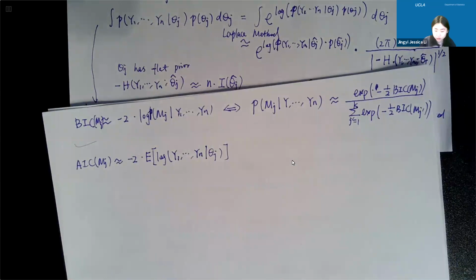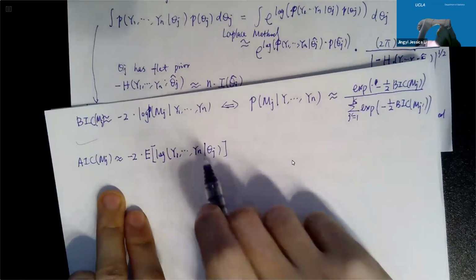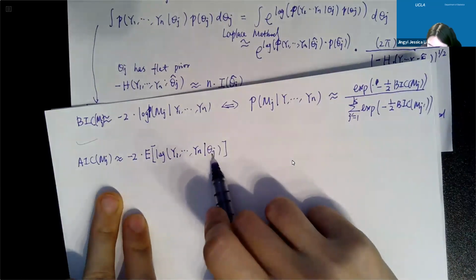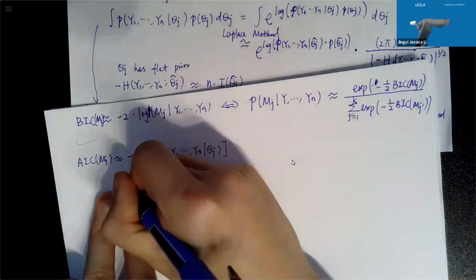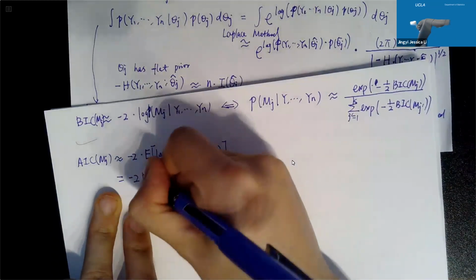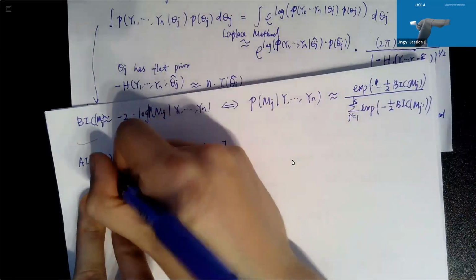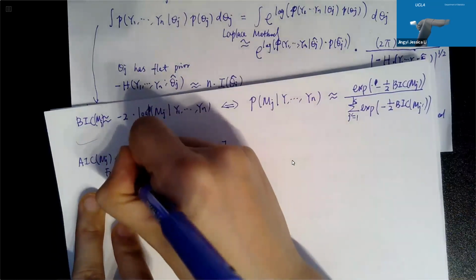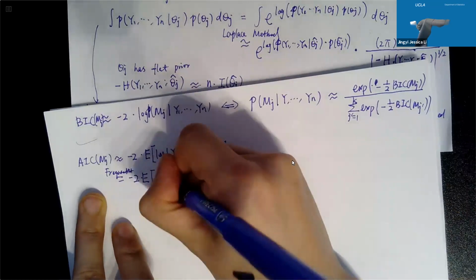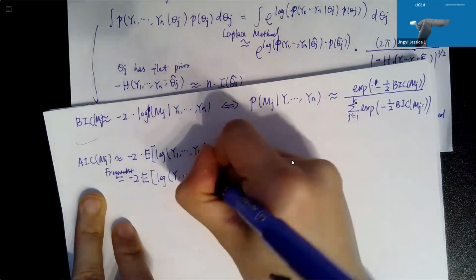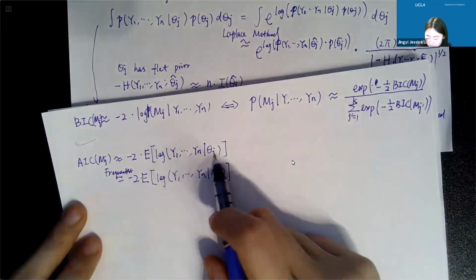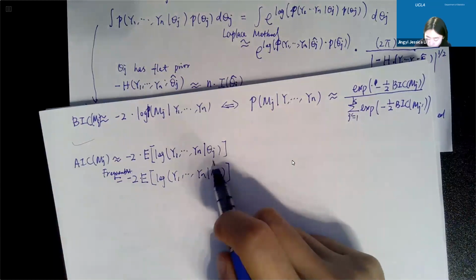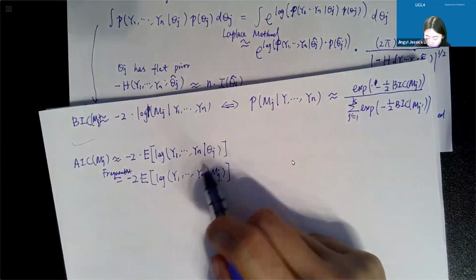Also, here we think under the frequentist framework, theta_j represents M_j. Because you consider theta_j to be the only parameter, I can directly write this as log of the density of Y_1 to Y_n given M_j. Because the distribution of the parameters theta_j under M_j is just concentrated on one value, one point mass, that's theta_j. So we write it this way.